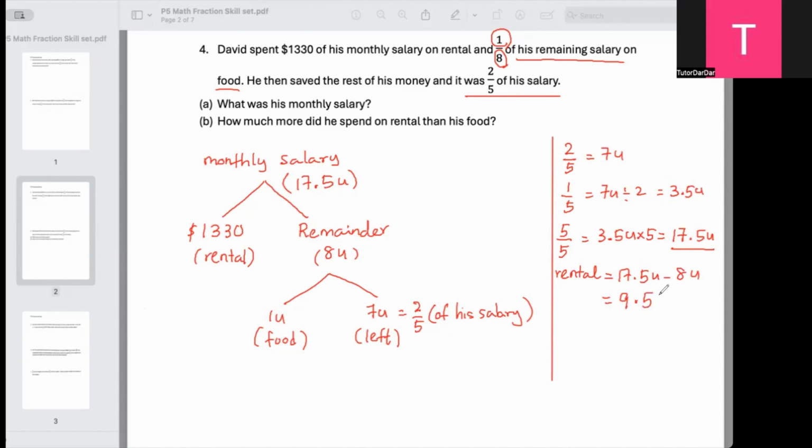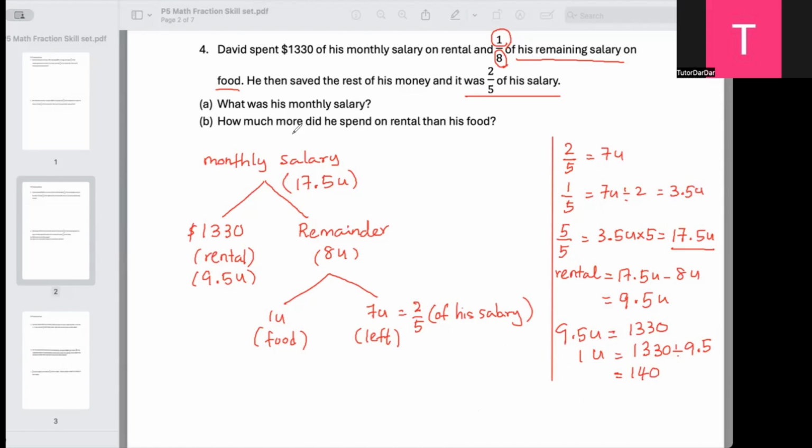So we will be writing 9.5 unit here. So you can see 9.5 unit is equivalent to 1,330. So 1 unit is going to be 1,330 divided by 9.5, which will give you 140.